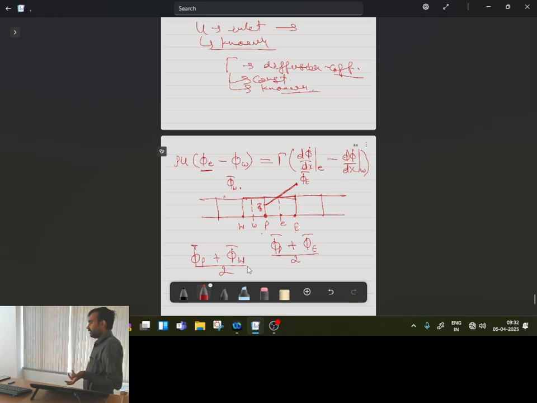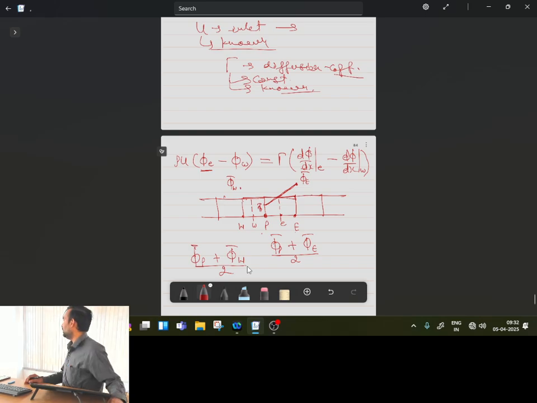So whenever I am doing this interpolation, I am just considering the two neighboring cells, and when I consider only two neighboring cells, only the linear relation can be used. That is the only possibility. If I go for a third cell also, say if I consider phi bar EE also, then I can fit a curve between 3 points, and based on that curve I can calculate the value of phi.